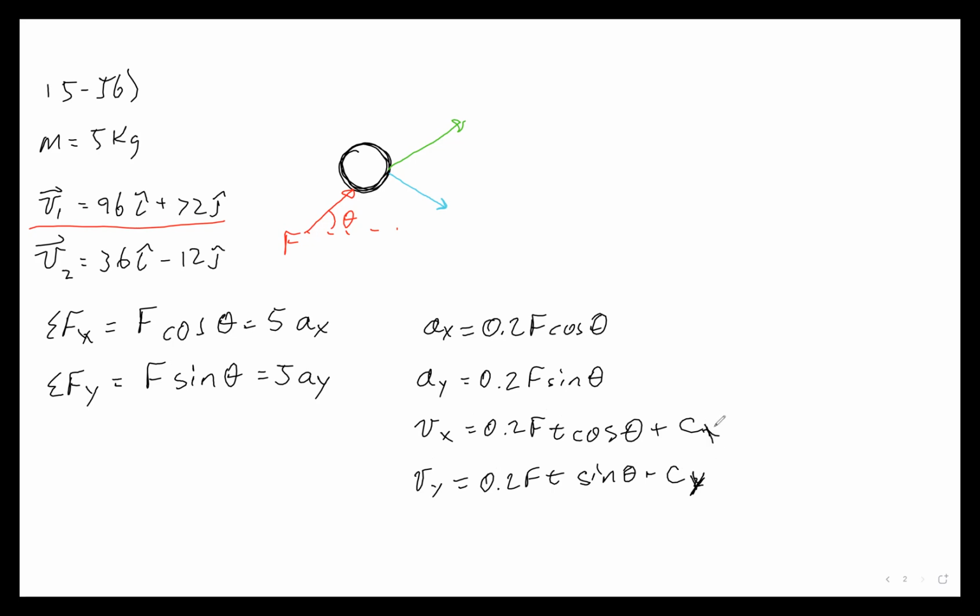Doesn't matter. Okay. So what are these C values? Well, they are going to be the initial velocities. Which initial velocities? The initial velocity in the x and the initial velocity in the y.